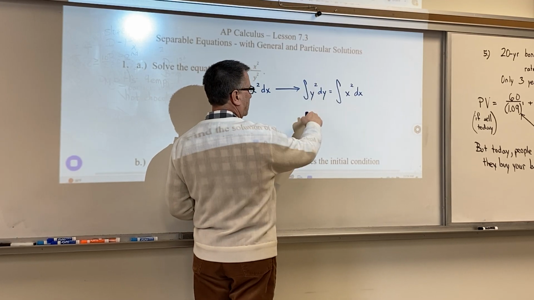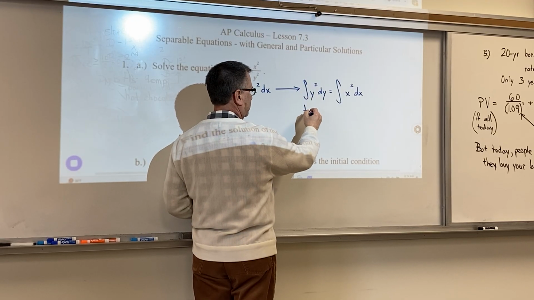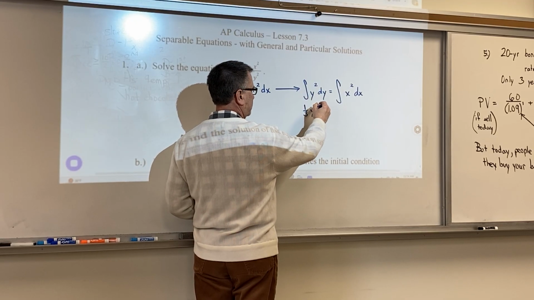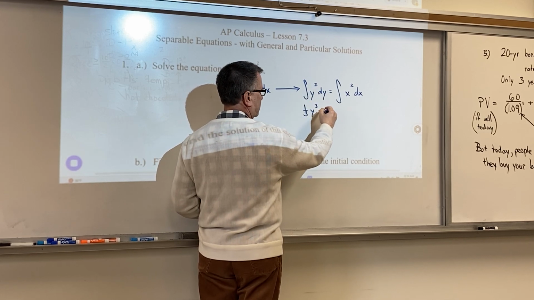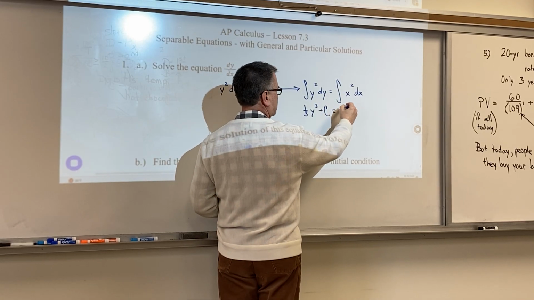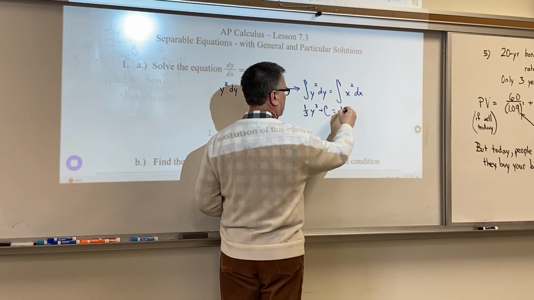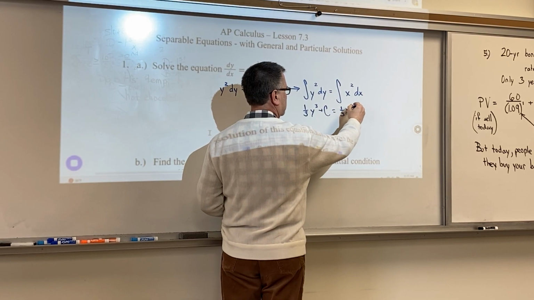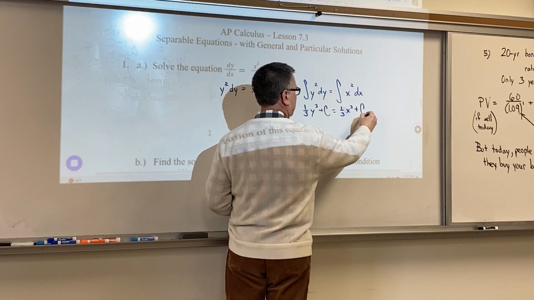What's this gonna be? Y to the third over 3, or if you want to call it 1/3, y to the third. Not a definite integral, so we add a constant. Equals, well, that's going to be the same thing, just in terms of x, right? 1/3 x to the third plus another c.